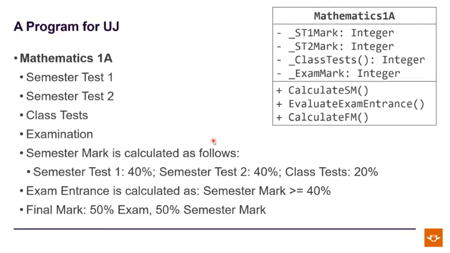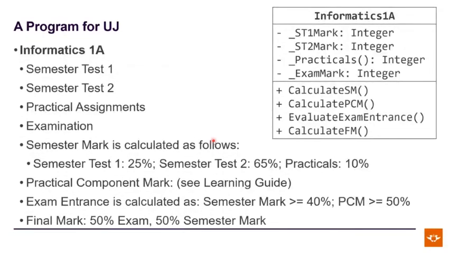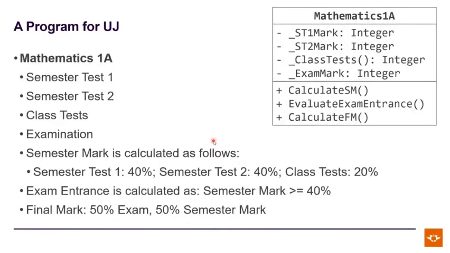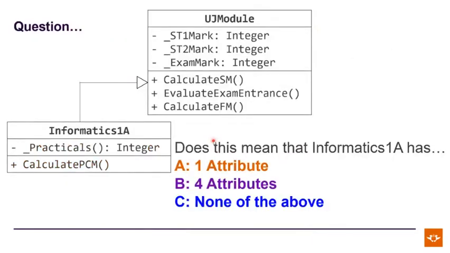We'll show you. If we look at the semester mark, it's calculated differently in each instance. It's got to be something that is altered slightly, so we have to look at the different calculations as well. I'll do the implementation with you on Thursday. Right now, I just want to do the theory behind it. How many attributes does Informatics 1A have?